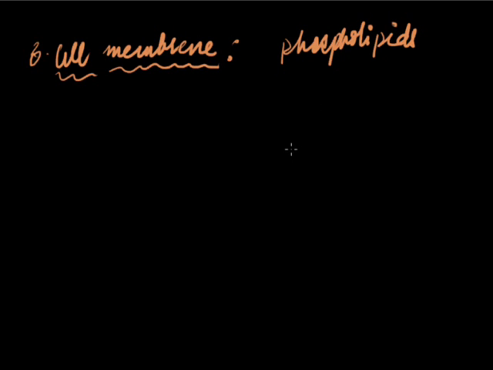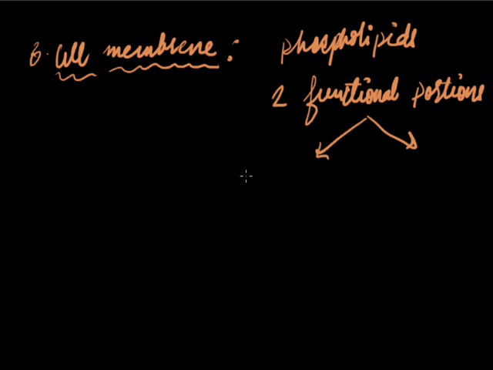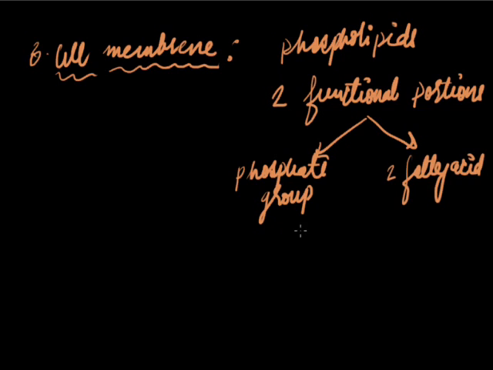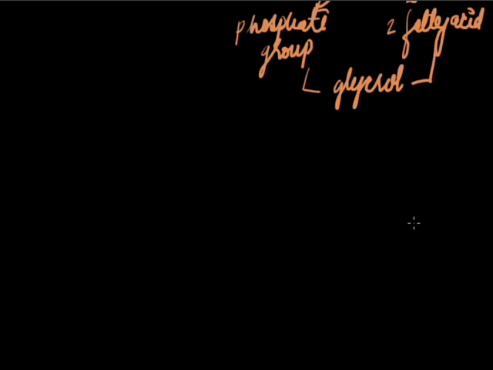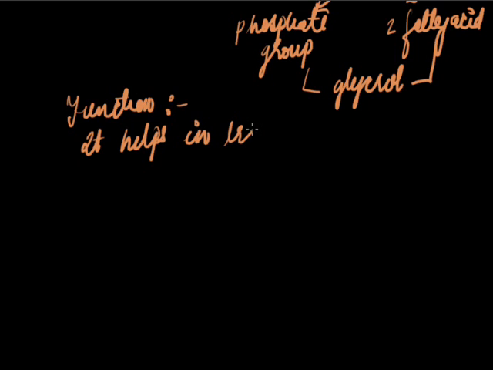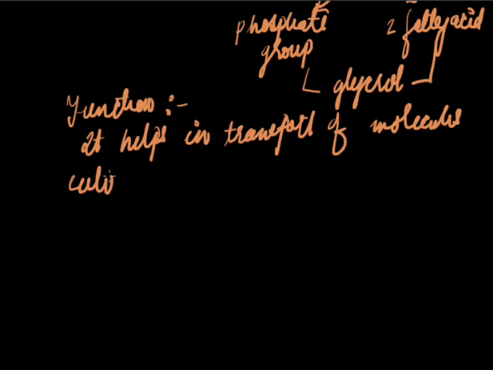It has two functional portions: a phosphate group and two fatty acids, and these two groups are joined by a glycerol. What is the function of the cell membrane? It helps in transport of molecules into and out of the cell.